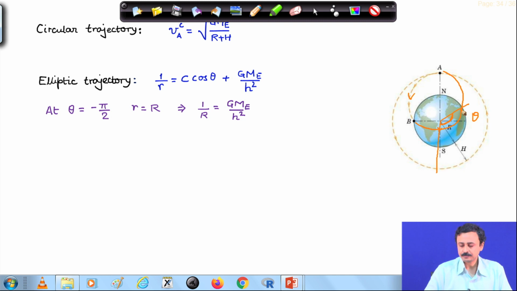If it is to land at B, that angle I can say is minus pi by 2, because the angle is being measured from this line, and the line from the center of the earth to B makes an angle of minus 90 degrees with the line of the perigee.